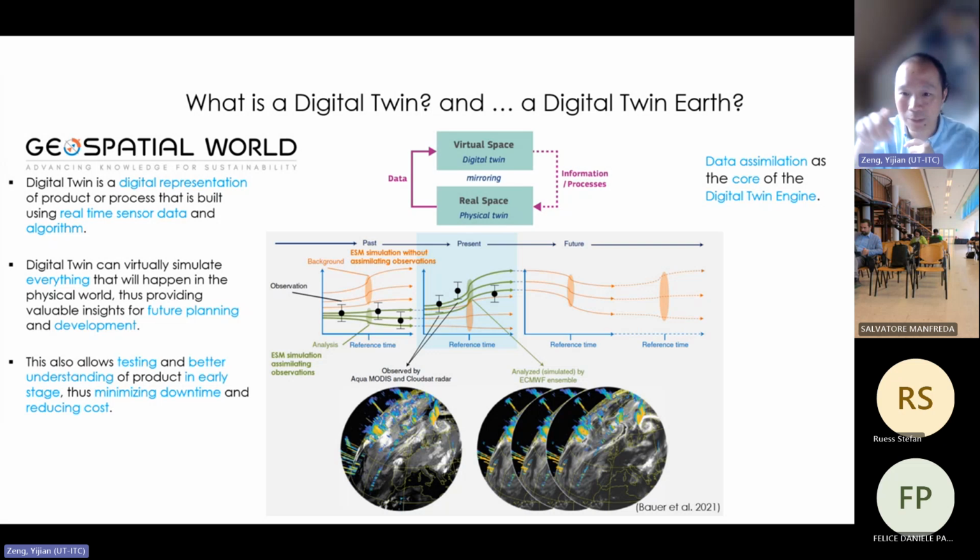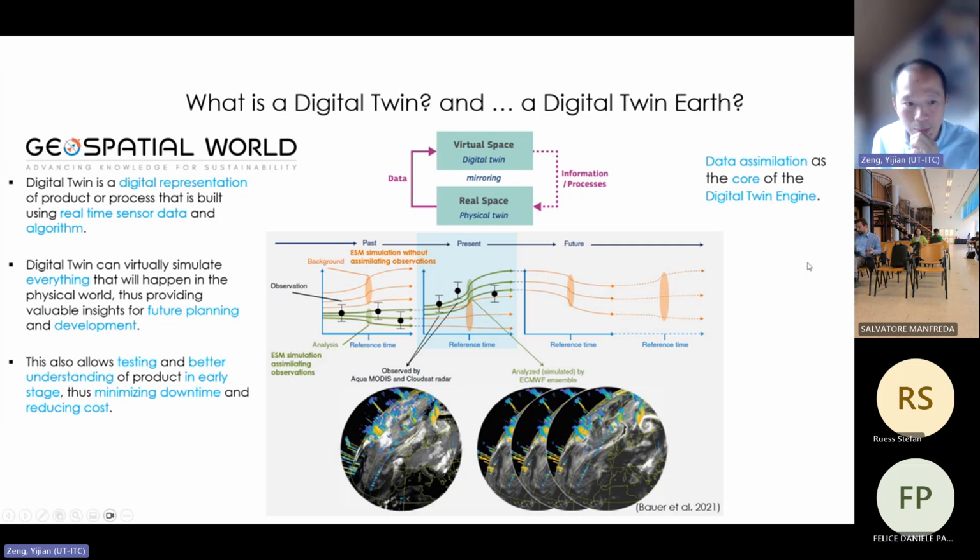So you have such a data information cycle between the physical space, or real space, and the digital twin, the virtual space. And actually this concept is the data assimilation.